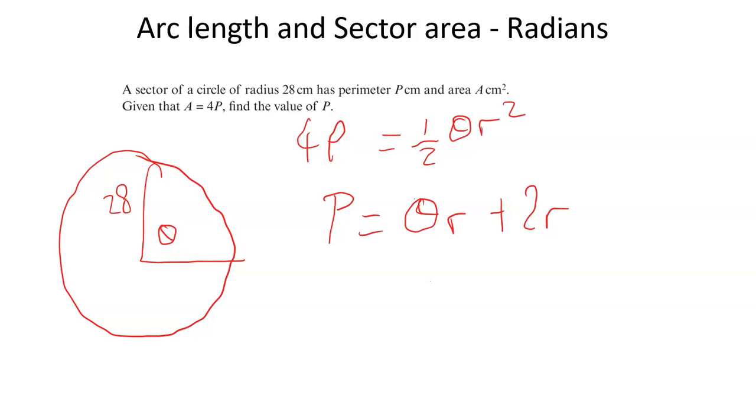And now you can see that it's quite straightforward, because we've got a formula with theta. We know what r is, so we don't need to worry about that. We've got perimeter and theta here, perimeter and theta, 2 equations with 2 unknowns.